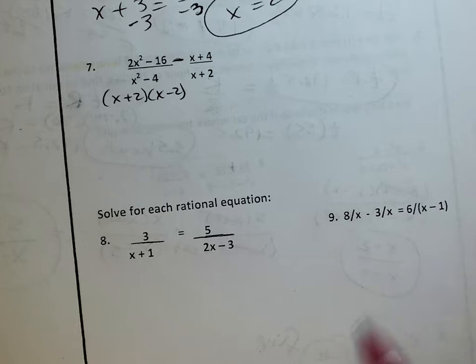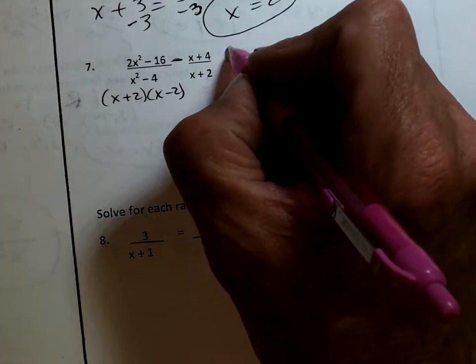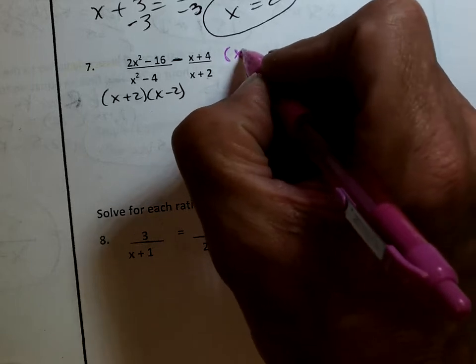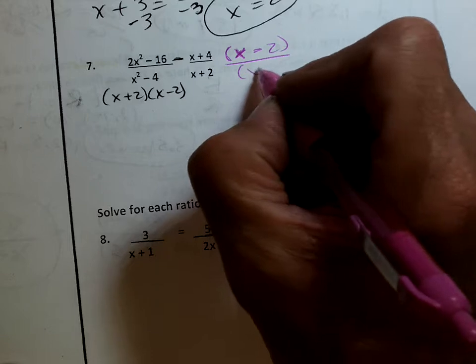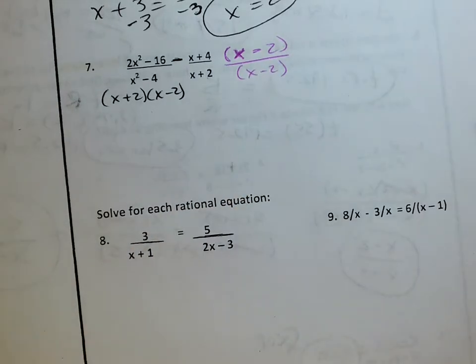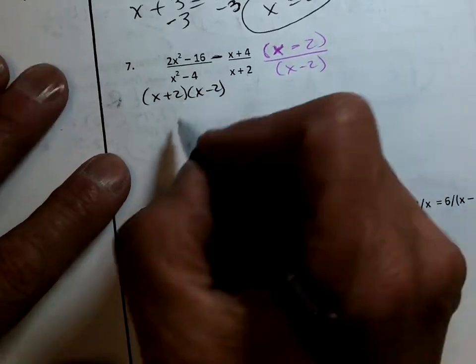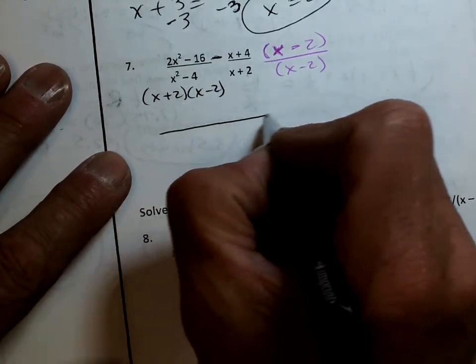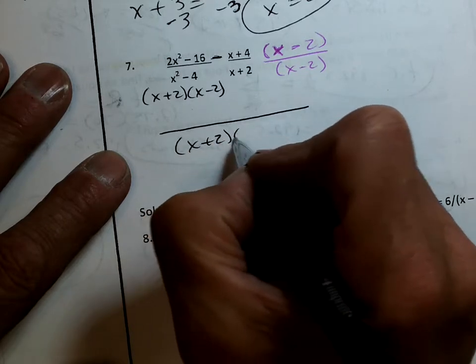So my second fraction needs an x minus 2 over an x minus 2. Okay, so let's see. I'm going to need to do a little side work. I think we did this in class, this exact same problem. Denominator should be an x plus 2 times an x minus 2.